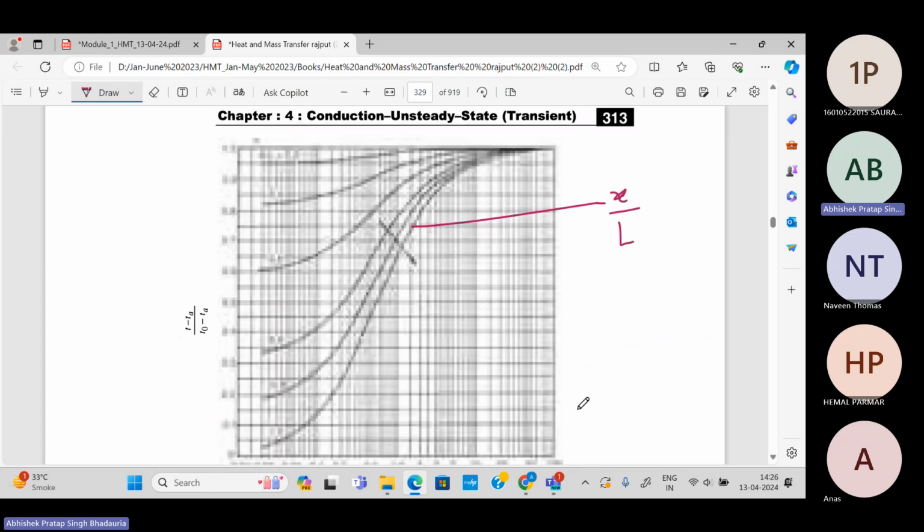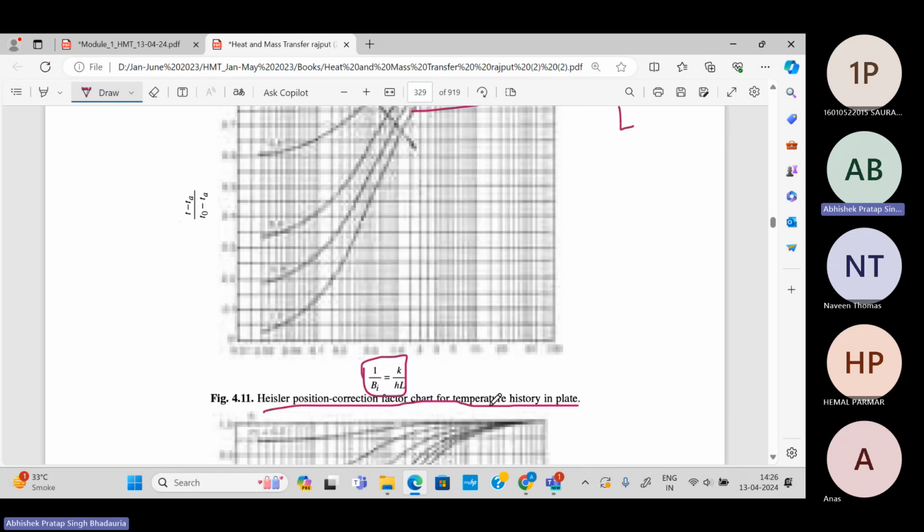The problem here is based on a plate. So we use the Heisler position correction factor chart for the temperature history at a location other than the mid plane.